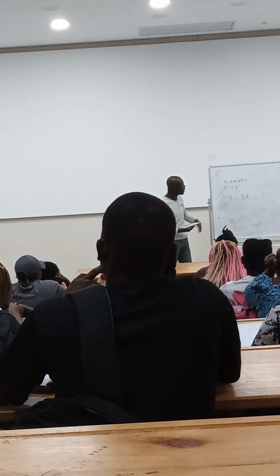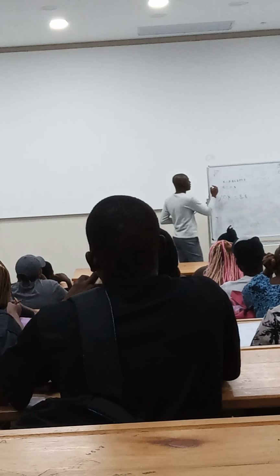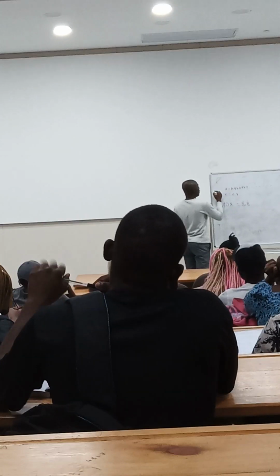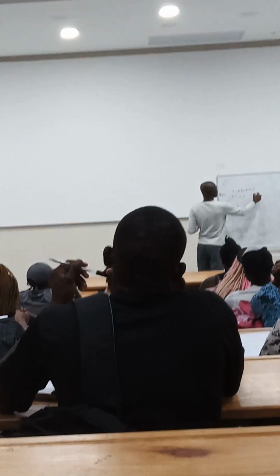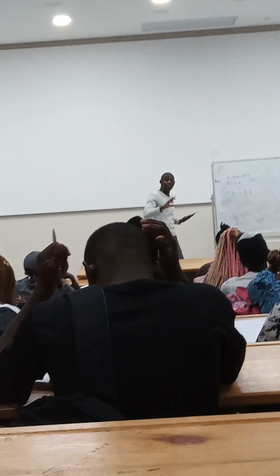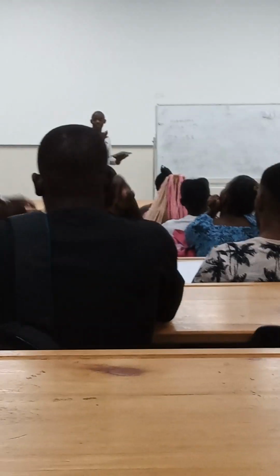Now, let's try to subtract. Remember, this is the left hand side or the right hand side? With the equality we have a left hand side and a right hand side.